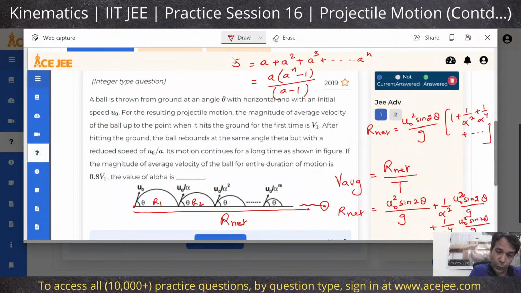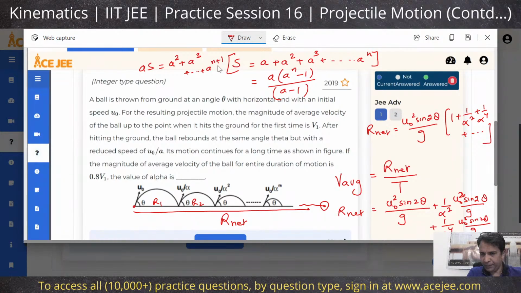By the way, how do you quickly derive the expression for this one? If S is this, then multiply S with a, so you get aS, which is a square plus a cube, up to a to the power n plus 1.